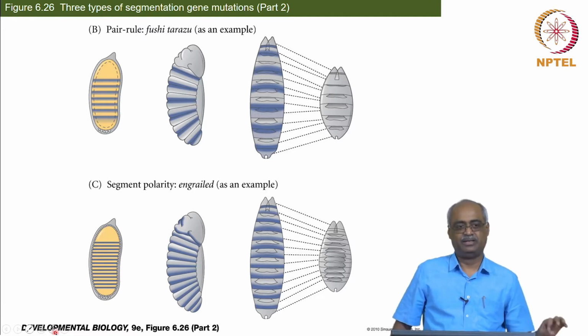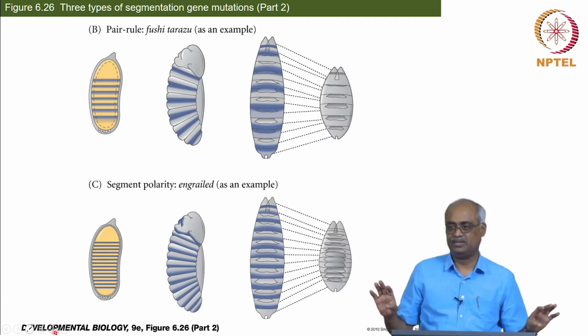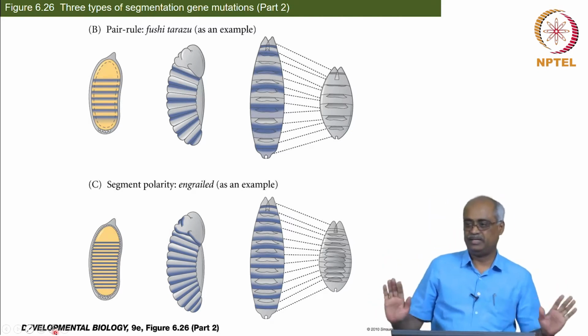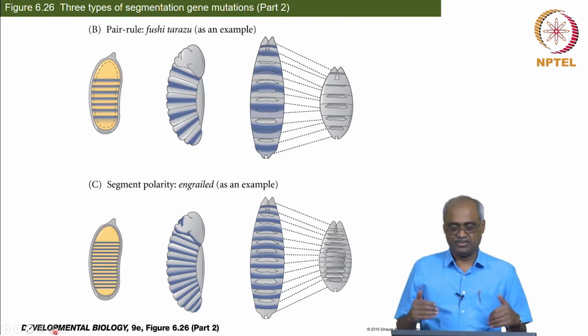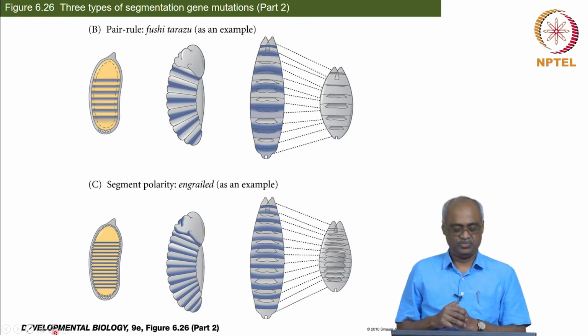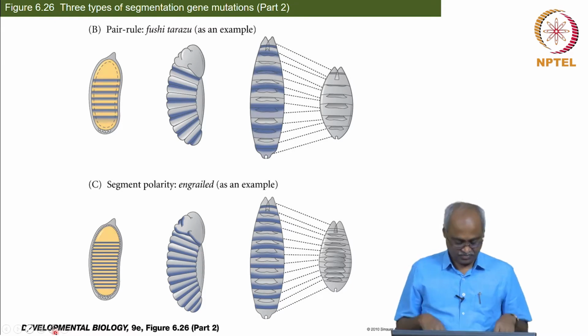So, you have an anterior center and a posterior center of morphogenetic activities, right, and they in turn control the expression pattern of genes called gap genes. Okay. So, today we are going to start from gap genes and move on.